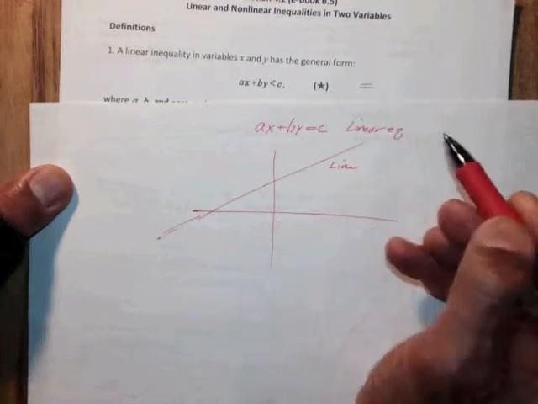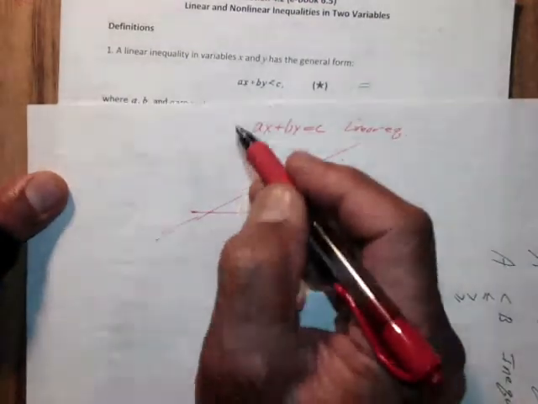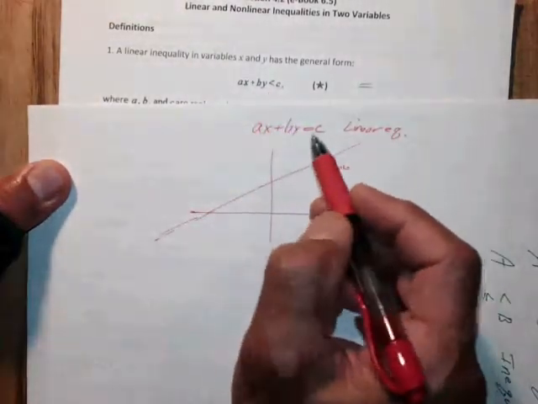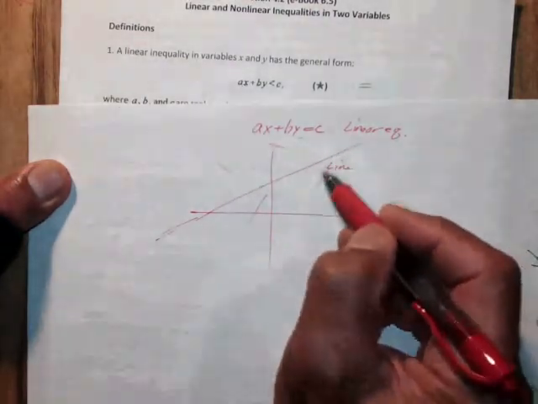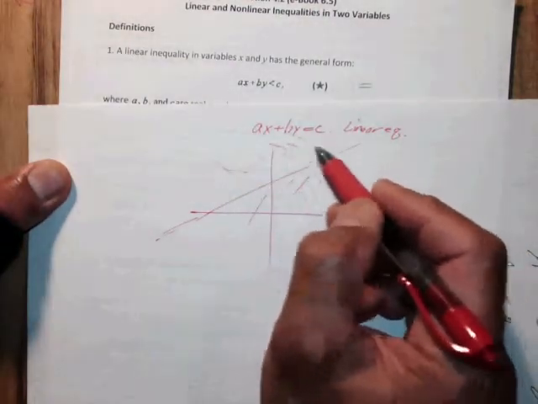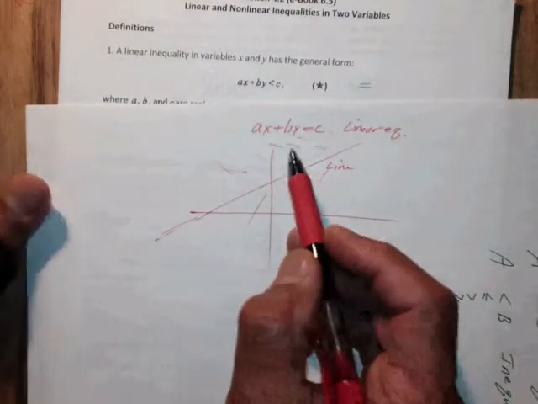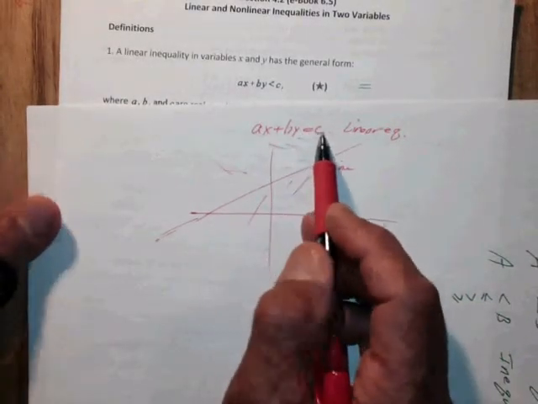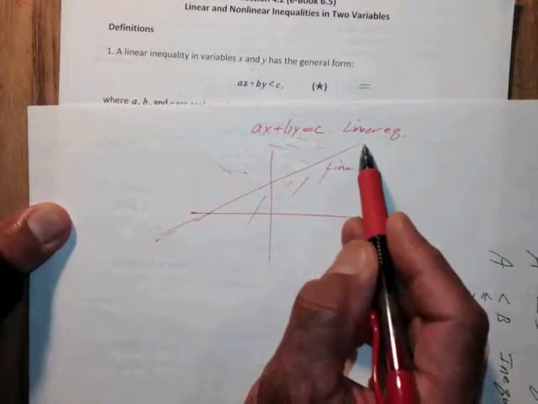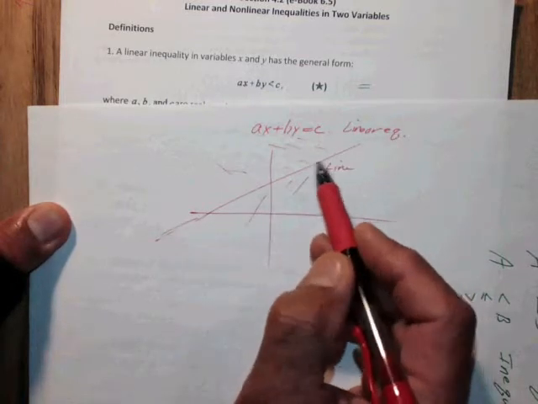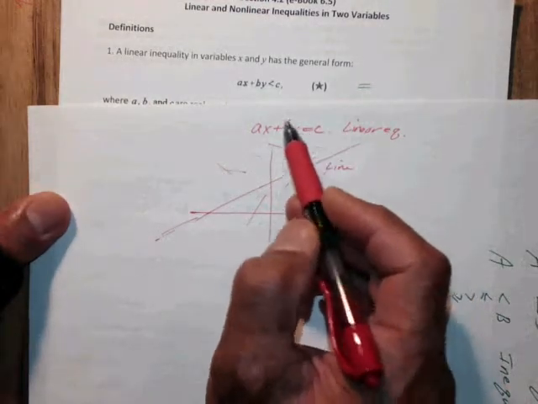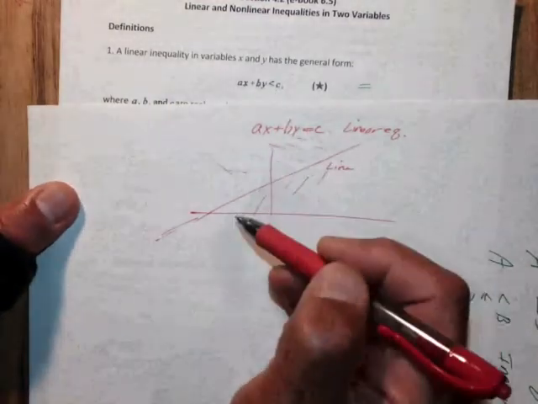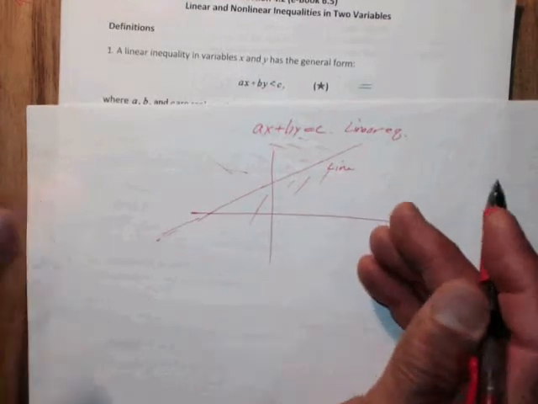But when we have a linear inequality, that means to either side of the line. That's the solution. In this case, equal to C, the solutions are points exactly on the line. But when you replace that equality by an inequality, then you are looking at points off the line.